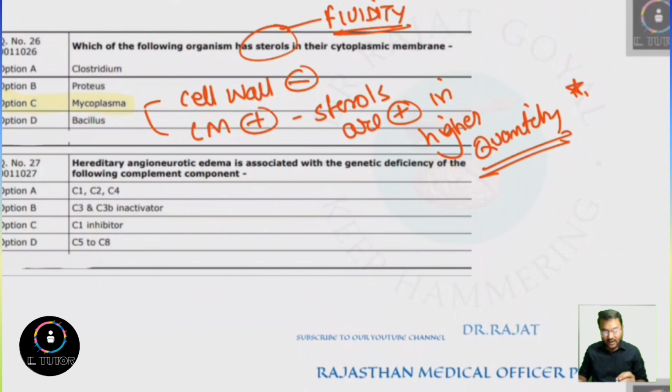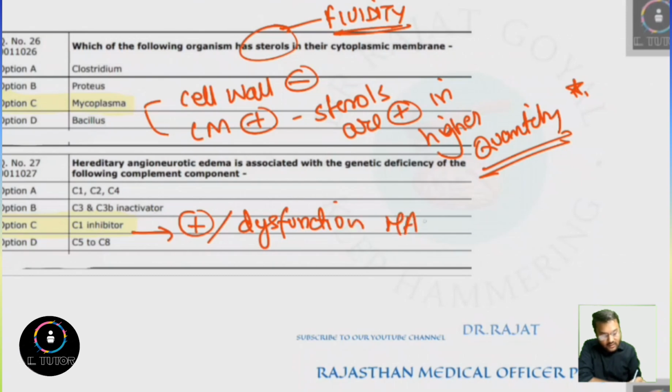Next question is hereditary angioneurotic edema is associated with the genetic deficiency of following complement component. So hereditary angioneurotic edema occurs due to the deficiency of C1 inhibitor. Option number C will be the answer, C1 inhibitor. So C1 inhibitor, either it is absent or dysfunctional, can lead to HAE, hereditary angioneurotic edema, and it occurs due to increase in the bradykinin levels.